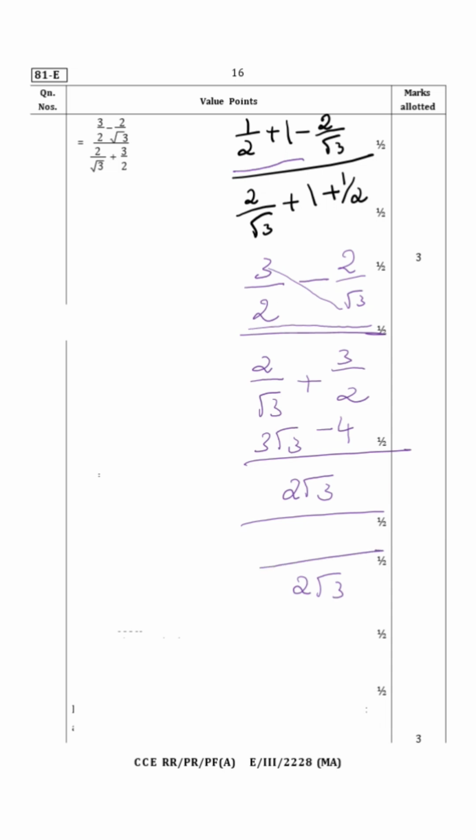Here 4 plus 3 root 3. Here 2 root 3 in the numerator and 2 root 3 in the denominator get cancelled. So what is remaining now? 3 root 3 minus 4 upon 4 plus 3 root 3. This is the answer.